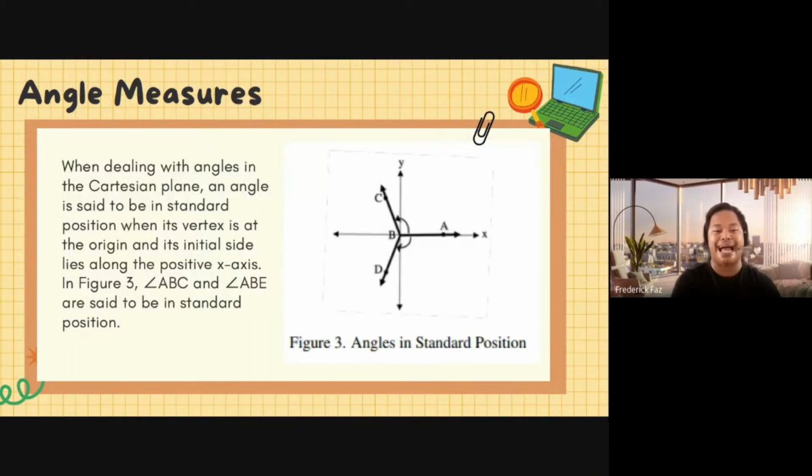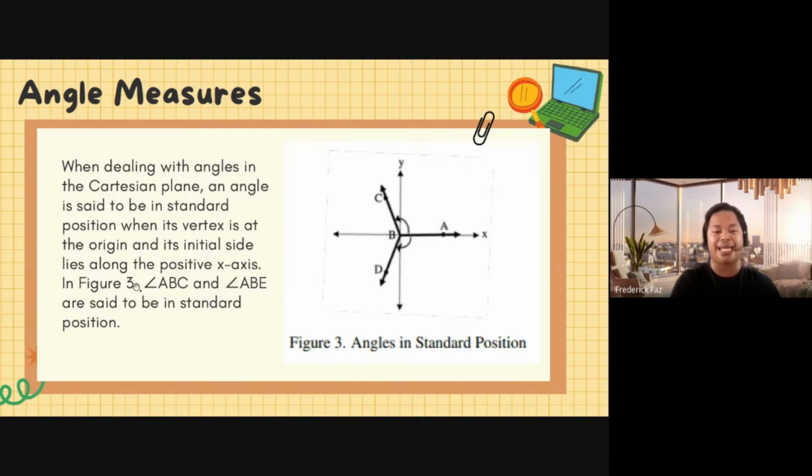When dealing with angles in the Cartesian plane, an angle is said to be in standard position when its vertex is at the origin. In figure 3, we have B located at our origin, and its initial side lies along the positive x-axis. So ray AB lies on the positive x-axis.